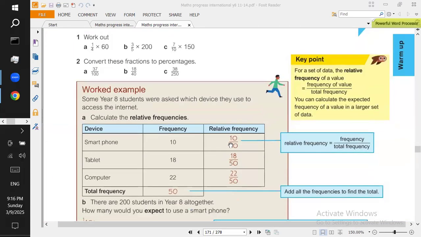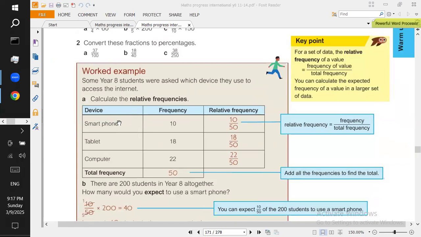Here, as we said, we talked about experimental probability. Same idea here, but we call it relative frequency. For example, here smartphones are 10, tablets are 18, computers are 22. Now, when you add them together to get the total number, you'll get 50.